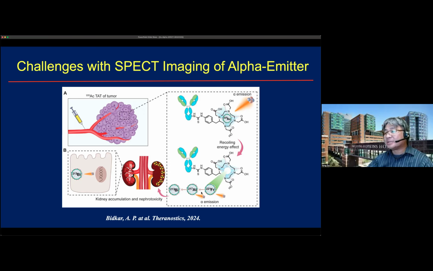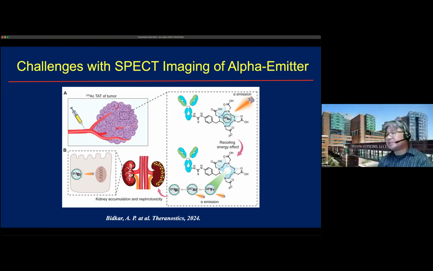Those free ions can get into the blood and circulate. Most of the time they accumulate in the kidney and cause damage to the kidney. So one major thing for actinium dosimetry is we want to know how much bismuth accumulates in the kidney, so we can calculate the dose for that. That's the reason for the challenge of SPECT imaging of alpha emitters.